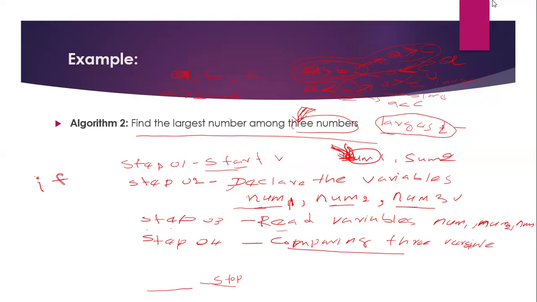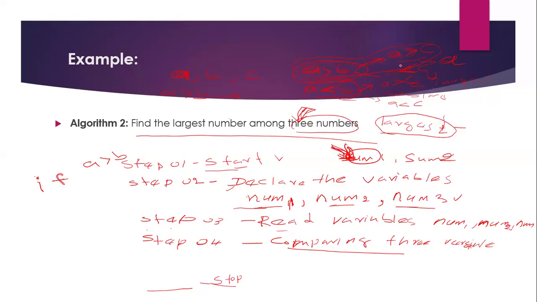Now think, in here I have mentioned if A is greater than B. But inside this again I have to use if for this as well.